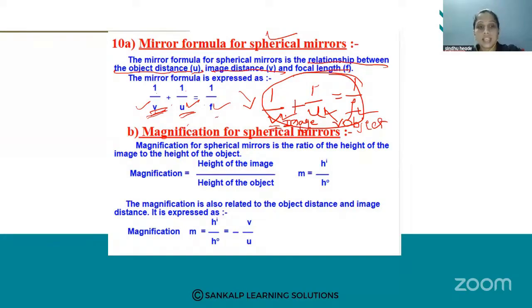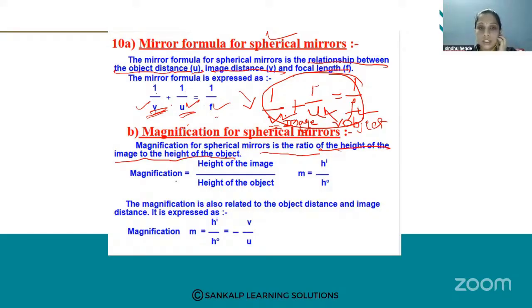Next one, magnification for spherical mirrors. What is magnification for spherical mirrors? Magnification for spherical mirrors is the ratio of the height of the image to the height of the object.